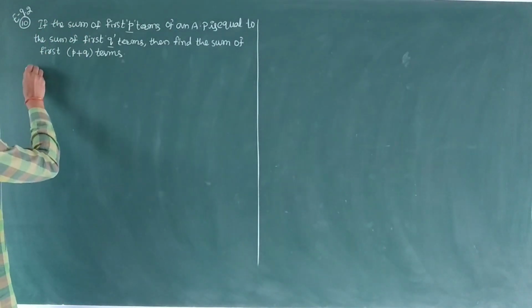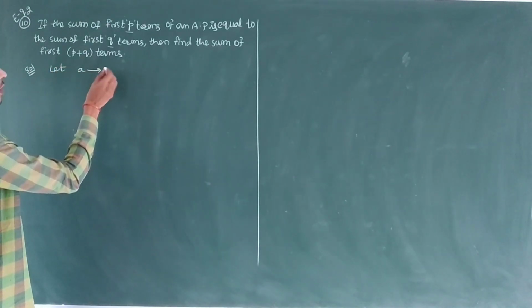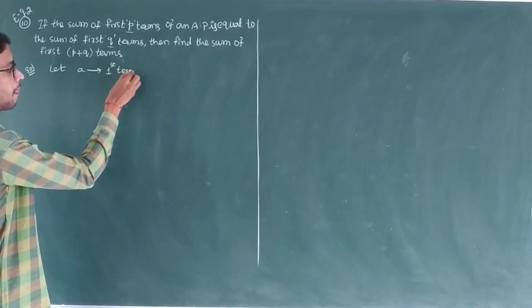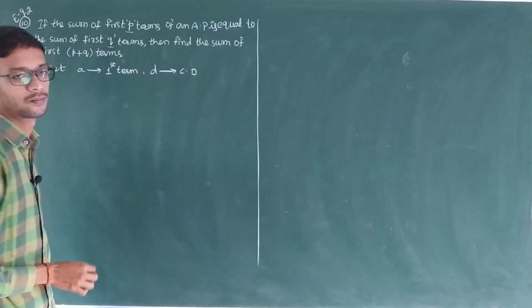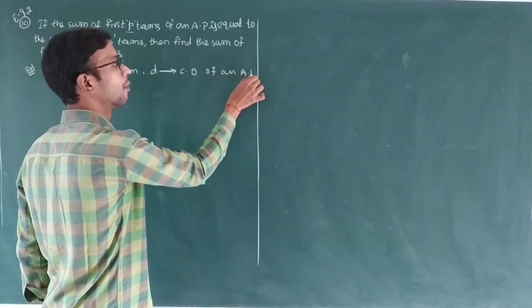You observe. Let a be the first term and d be the common difference of an arithmetic progression.